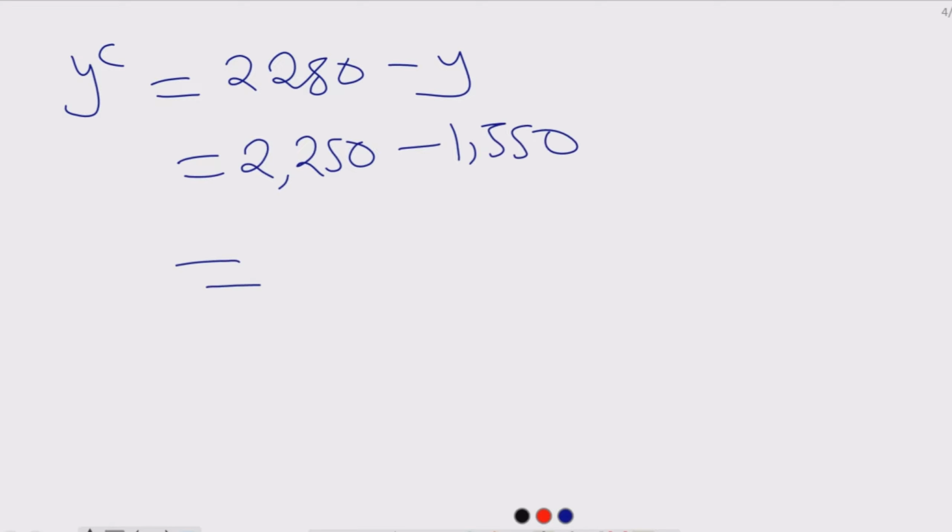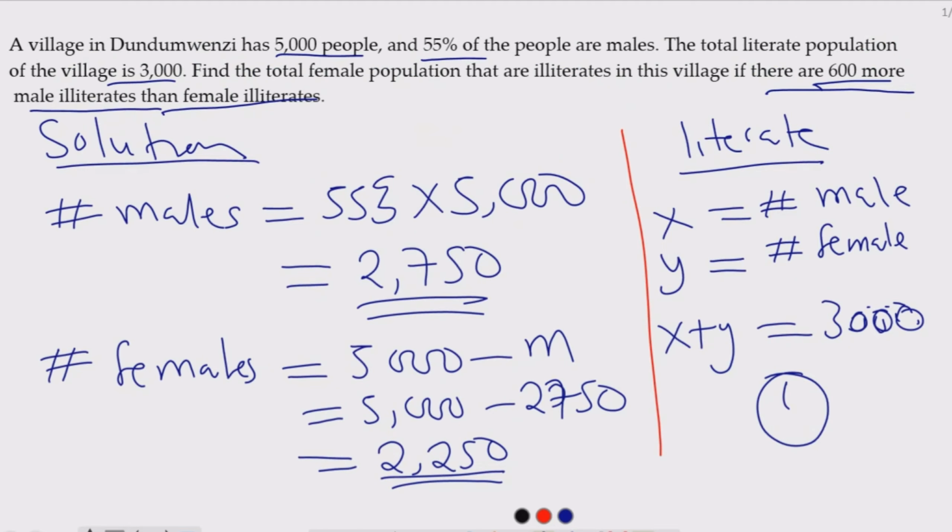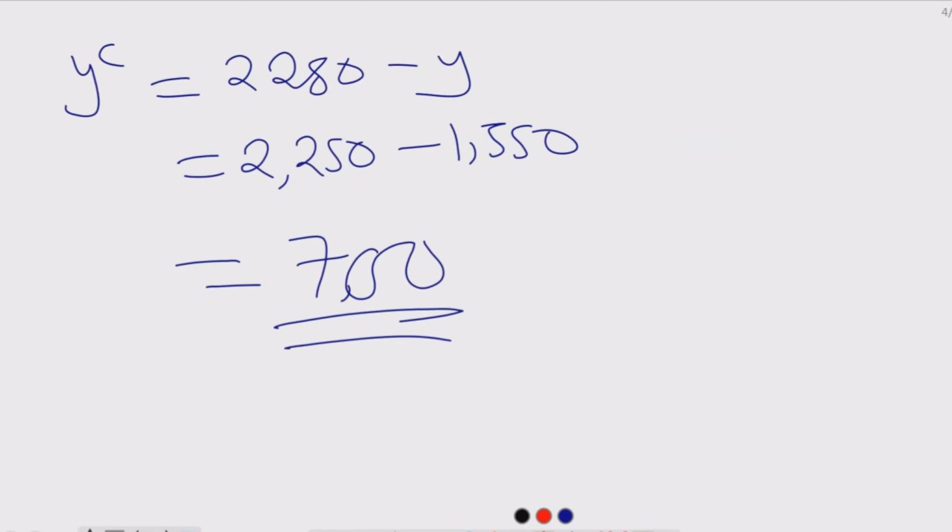The difference is basically 700. This is what the question is asking us: the total number of females that are illiterate.